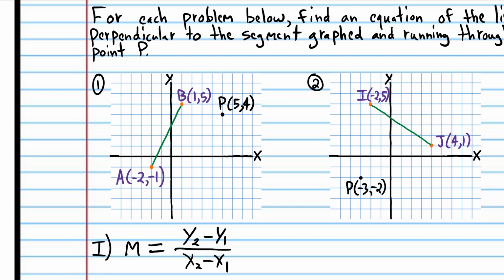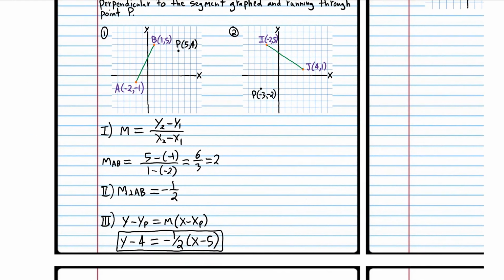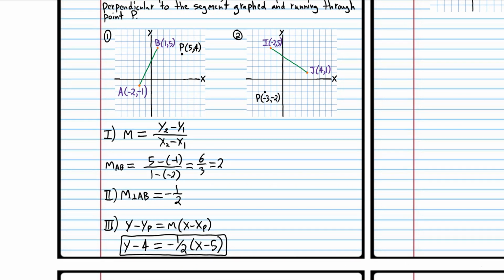Again, I know that's a lot to think about, but sometimes in math you got to do some problems that are pretty involved. So all that said, let's now try number 2, one more before you try one on your own.